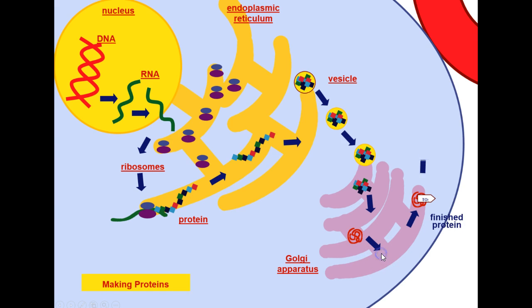We'll bubble it off again, and then maybe we will ship it via the bloodstream to somewhere where it's needed. Maybe we might even keep it within the cell to use it there. But this is basically how we create and then ship off a protein in our body. Again, we'll get into this more in Chapter 3.